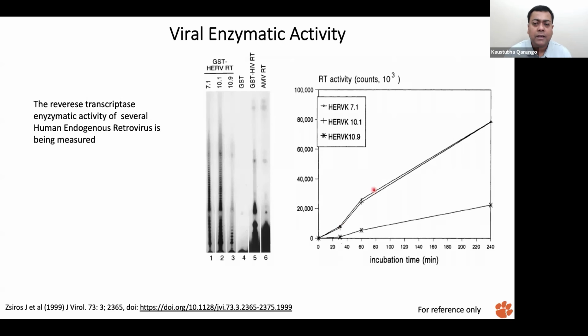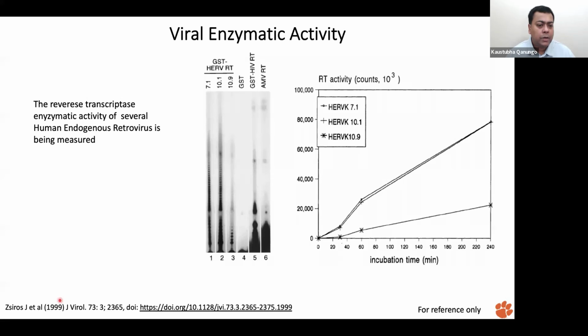You can see that two of these are similar, whereas HERV 10.9 does have a lower activity. It is just showing an overview that there are many different ways that we can measure the viral enzymatic activity, and you can see the enzymatic activity of the different viruses can vary as well. That's another way that you can compare the different viruses.